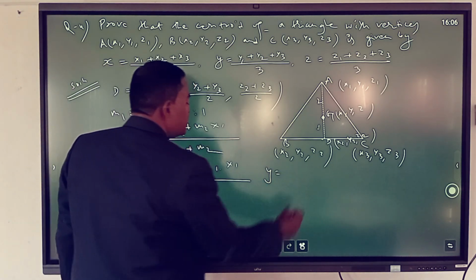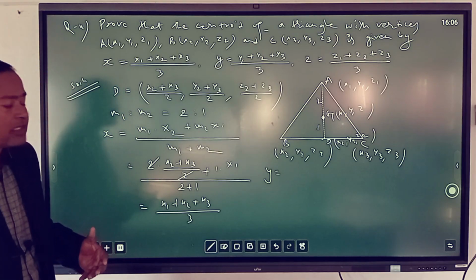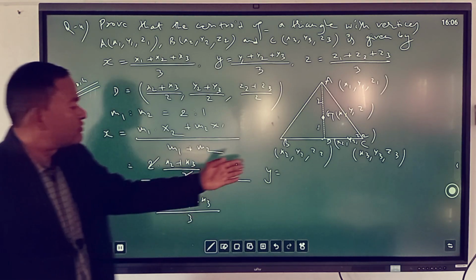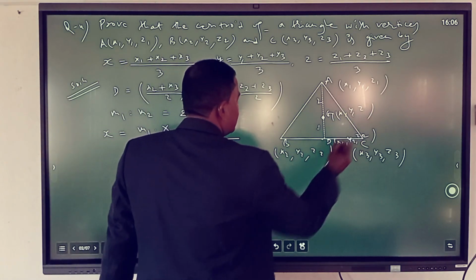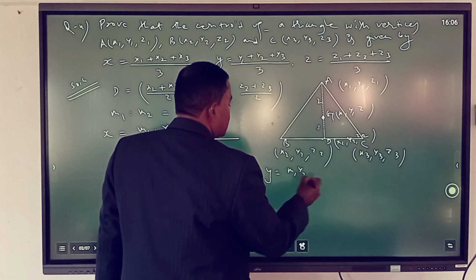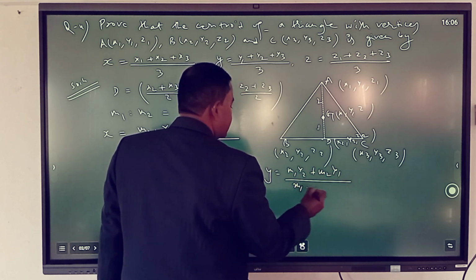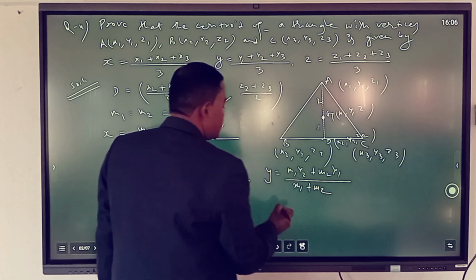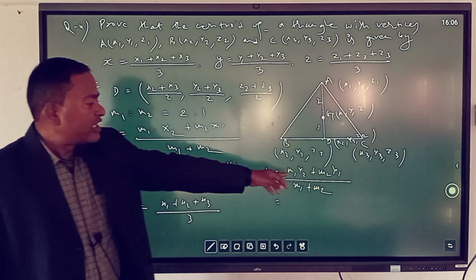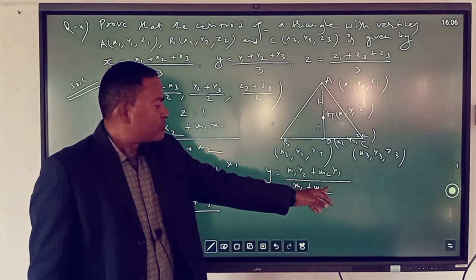Dear student, let's use the section formula of internal division for y. So we know that y is equal to m1 y2 plus m2 y1 divided by m1 plus m2.